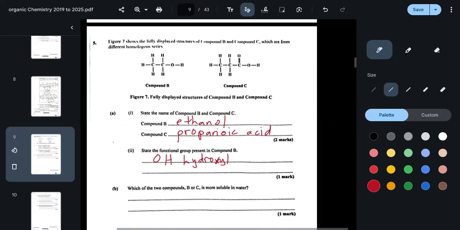Oh, it just says which, it doesn't ask for any explanation. Well, technically you wouldn't really know, but acids are more soluble in water than alcohol. So which of the two compounds is more soluble in water?